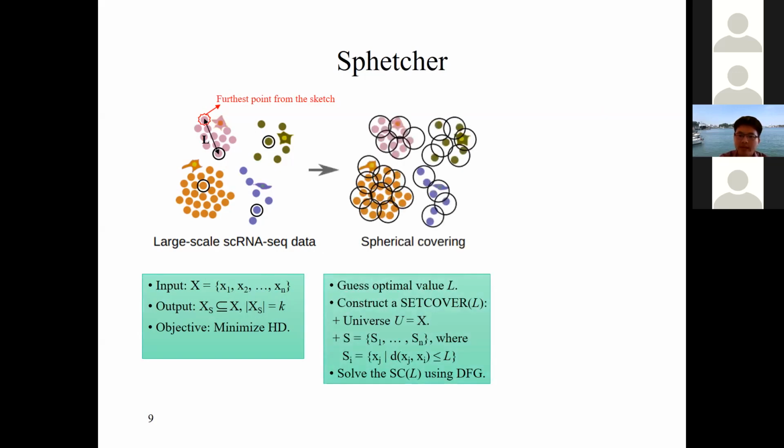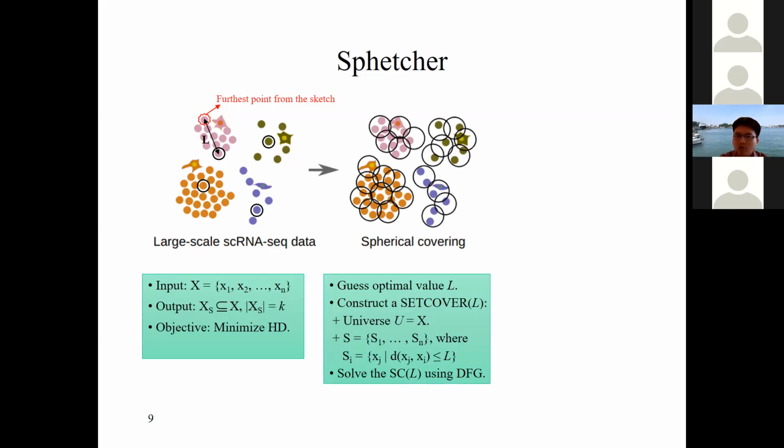And first, we guess the optimal solution L, and we'll find it later using binary search. And for fixed L, we construct a ball of radius L centered at every cell.